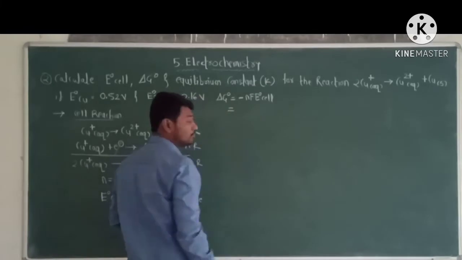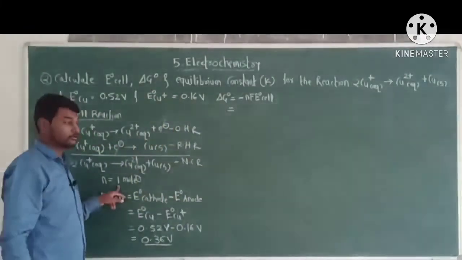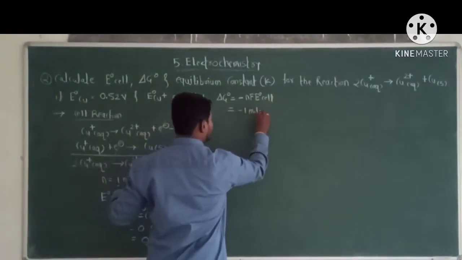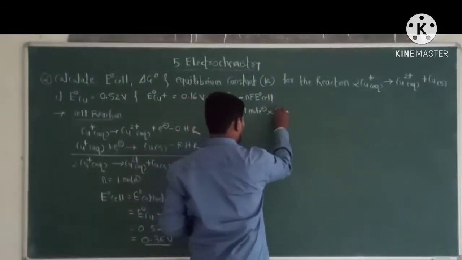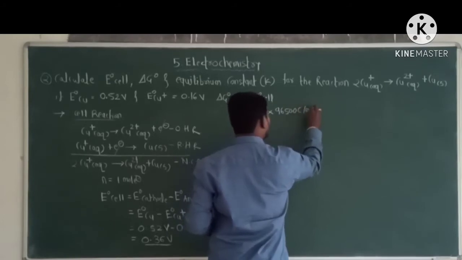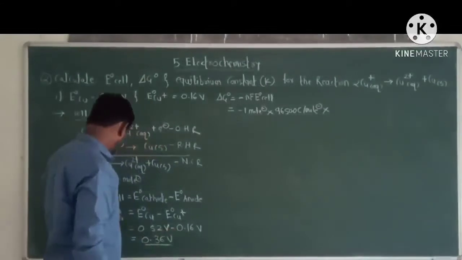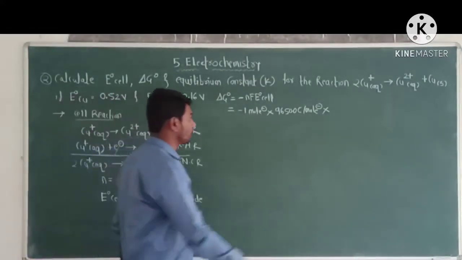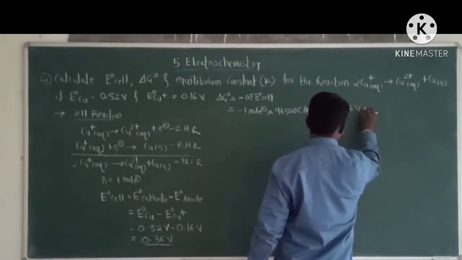Now put the value: n is 1 mole electron, so minus 1 mole electron into F, where F is the Faraday, 96500 coulomb per mole electron, into E0 cell, which is 0.36 volt. Solve this equation.